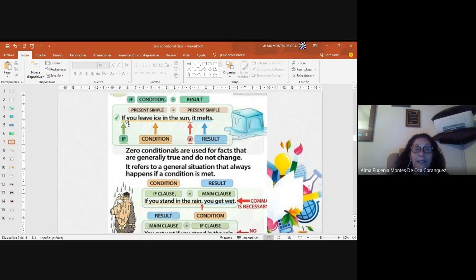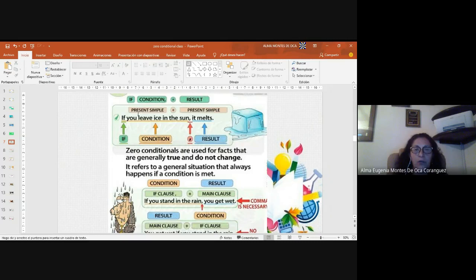To form the zero conditional, we need two sentences in simple present. The first is: if you leave ice cream in the sun, it melts. The condition is if you leave ice cream in the sun, the result is it melts. Remember, you can use if or when.